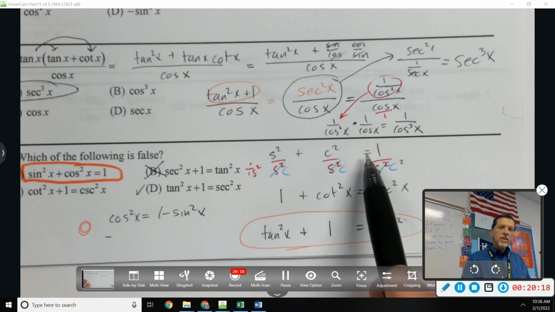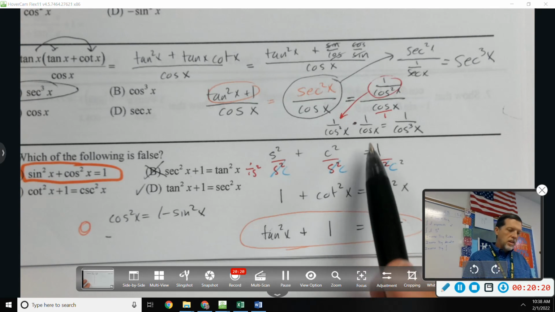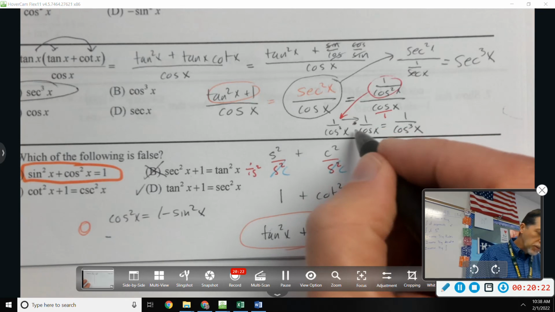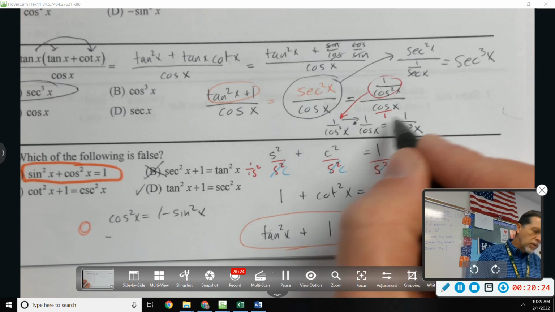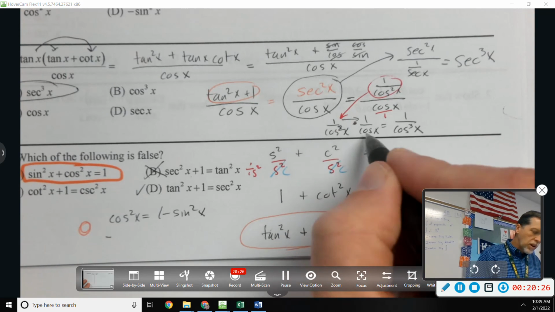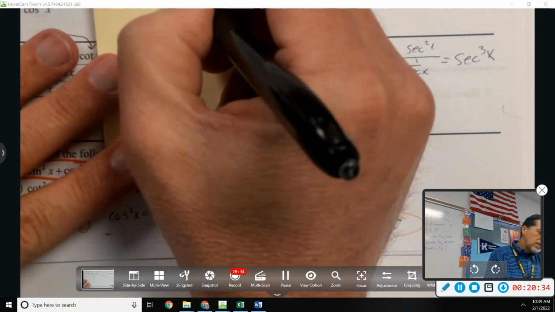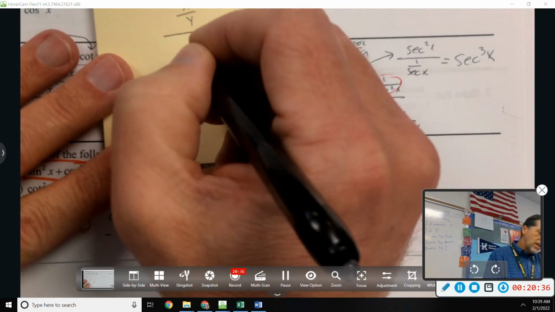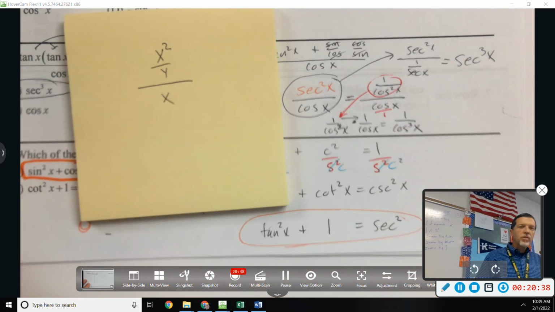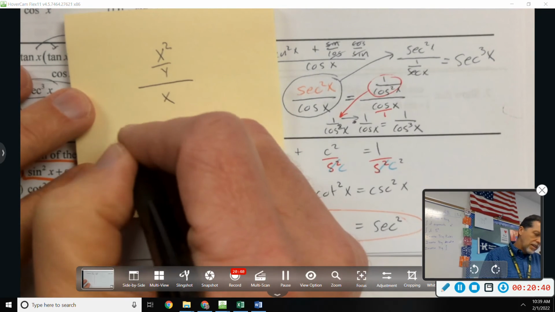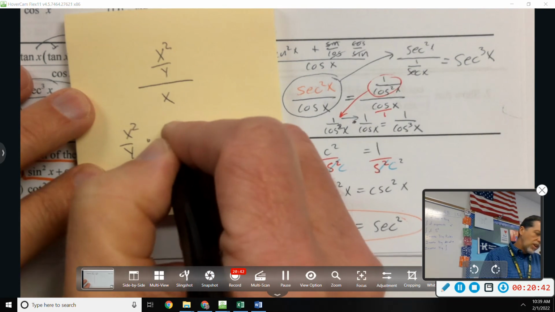So shouldn't it cancel? No, because when we multiply, we just multiply across. 1 times 1 is 1. Cosine squared times cosine is cosine cubed. This is x squared over y divided by x. Keep it, change it, flip it.